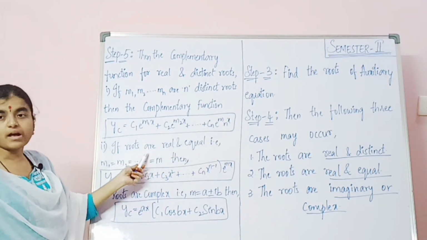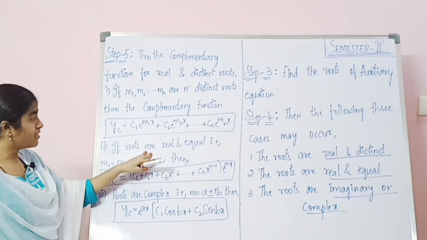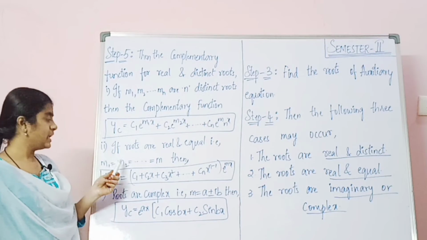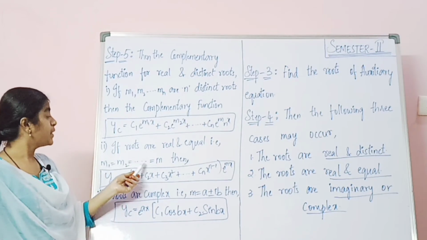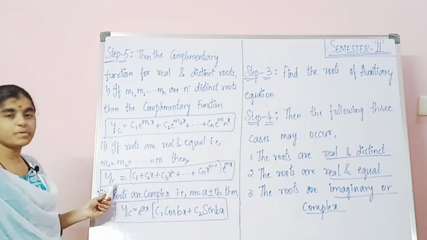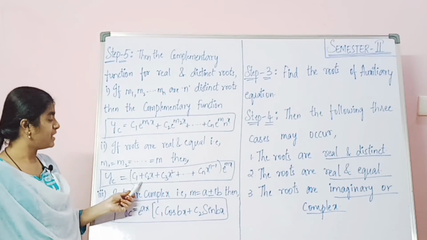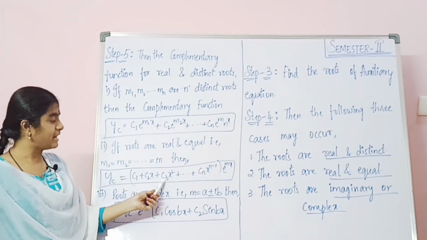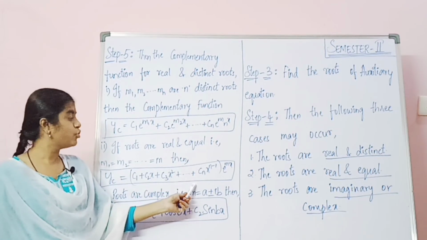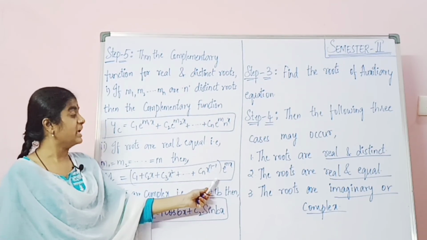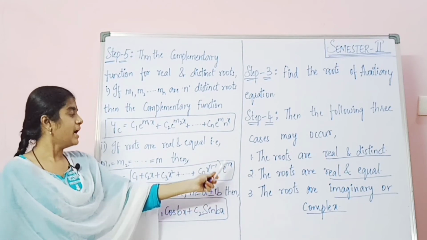Next, if roots are real and equal, that is m1 equals m2 and so on equals m, then the complementary function is yc equals c1 plus c2x plus c3x square plus so on up to cn into x power n minus 1, into e power mx.